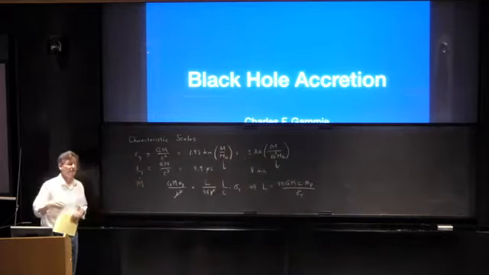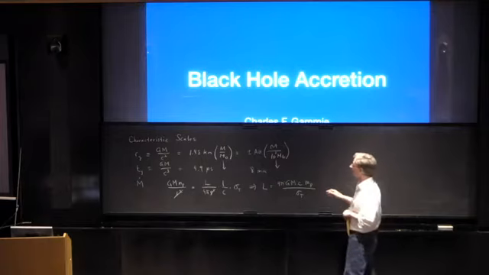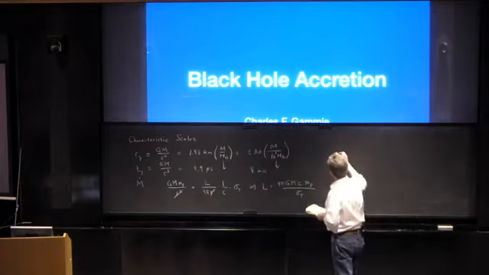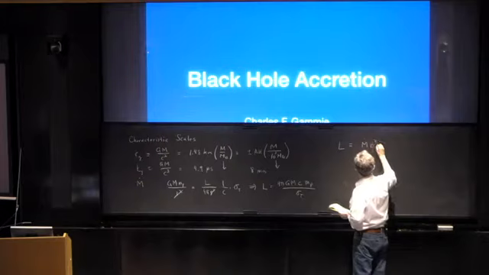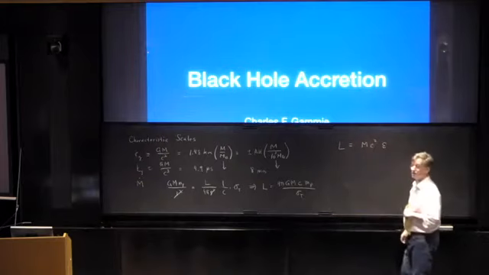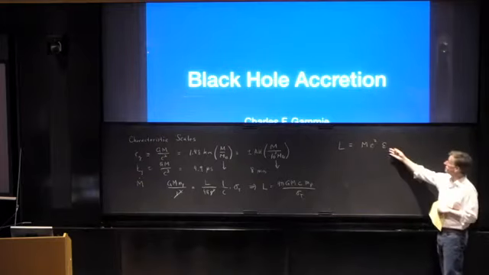And to convert this M dot to a characteristic Eddington accretion rate, what we do is define a typical efficiency of accretion. So we say the luminosity is equal to M dot c squared times a characteristic efficiency, and everybody in this business uses 0.1 for the characteristic efficiency.